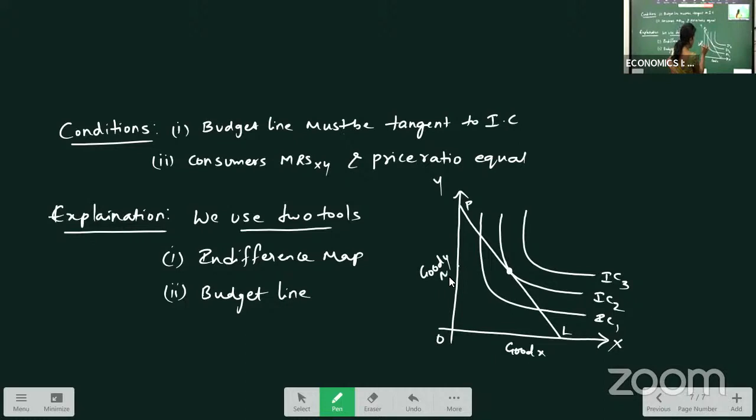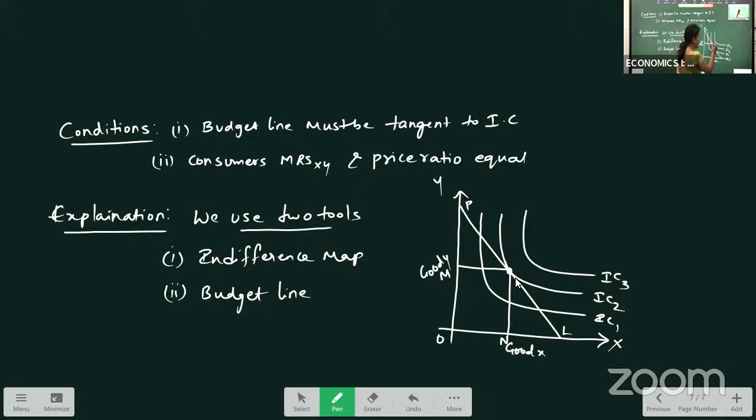So if the consumer consumes OM commodity of Y good and ON commodity of X good, he will get that within the budget. If you see IC3, it is beyond my budget. Can I purchase that quantity? Because a higher indifference curve means I'm taking more quantity. But my income is not sufficient to purchase that higher quantity. For lower quantity, my income is more than needed, so my satisfaction will not be maximum on the IC1 curve.